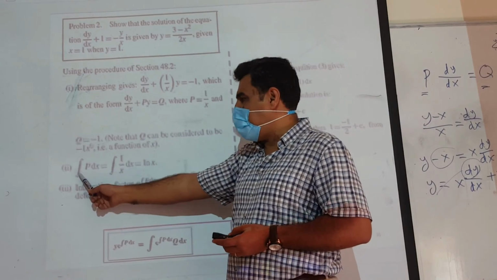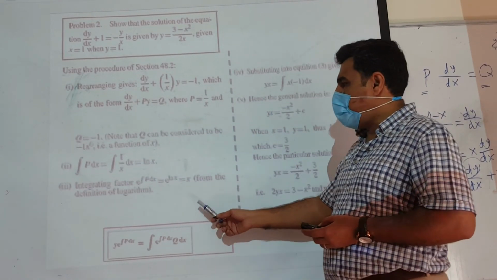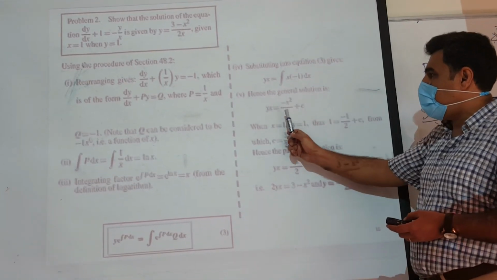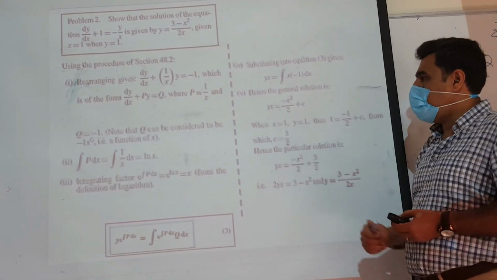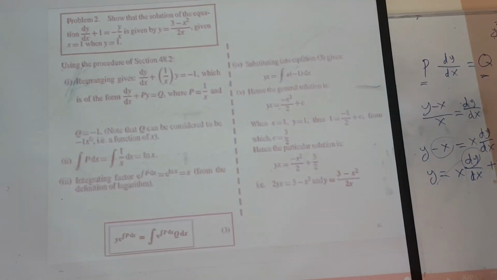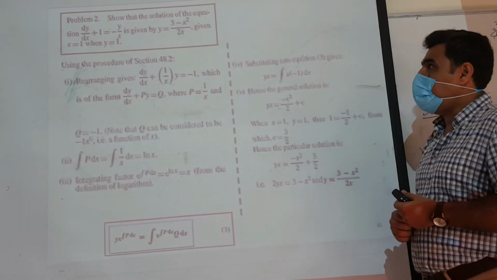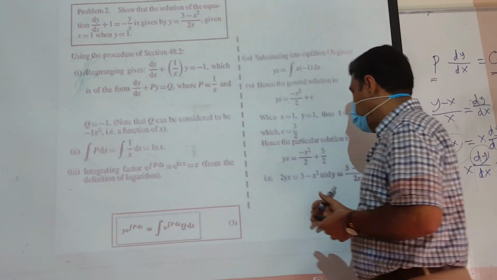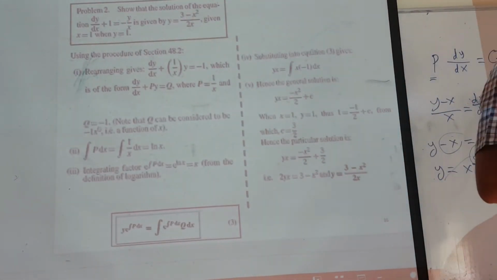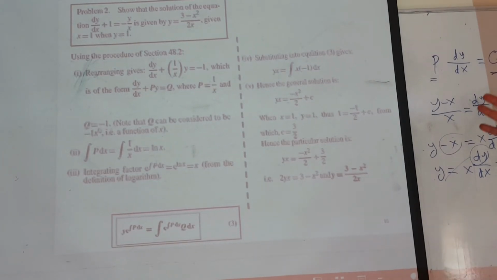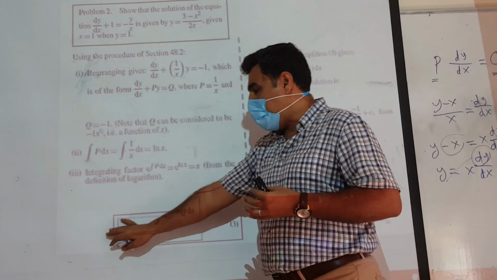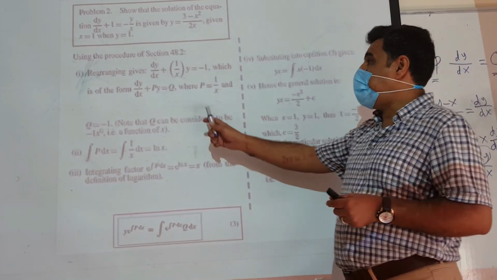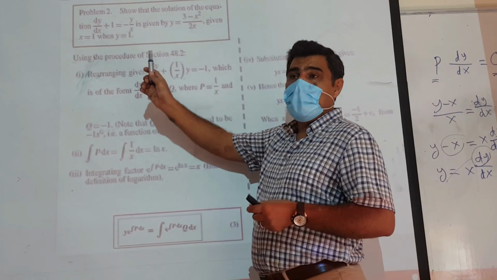We can find the integration of this part, substitute in the main equation, then integrate this side also to find the general solution, and then you will substitute the boundary condition, which is given here, to find the particular solution. So that's the main idea. You have to apply this equation. That's all. But after rearranging the main equation.